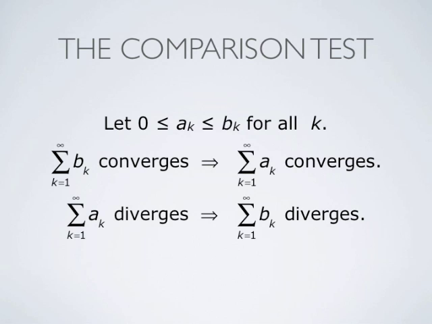Then, if the series formed by the terms b_k converges, that is, if sum k from 1 to infinity of b_k converges, then also the sum k from 1 to infinity of a_k converges. And if the series formed by the terms a_k diverges, that is, if the sum k from 1 to infinity of a_k diverges, then necessarily also the sum k from 1 to infinity of b_k diverges. This is the comparison test.